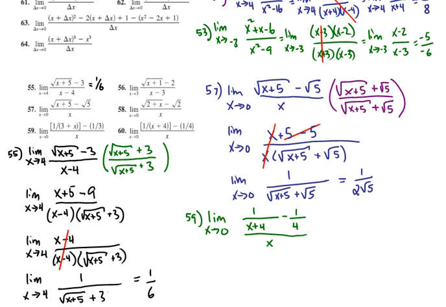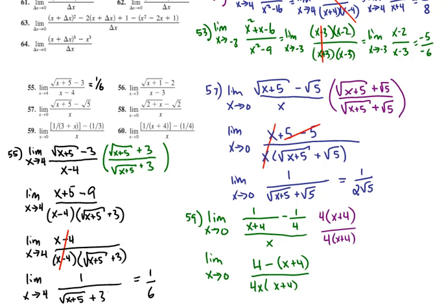But if we multiply top and bottom by the least common denominator of that fraction expression in the numerator, which would be 4 times x plus 4, we end up with, in the numerator, just 4 minus the quantity x plus 4 over 4x times x plus 4, leaving us with negative x in the numerator, 4x times x plus 4 in the denominator. Canceling the x's and plugging in 0, we now get negative 1 over 16. And so that illustrates another strategy we can use to evaluate limits algebraically.